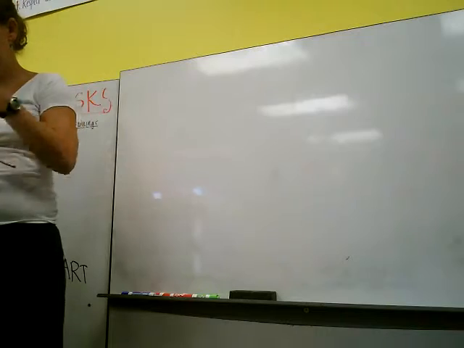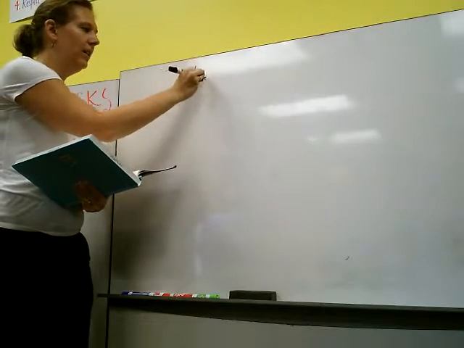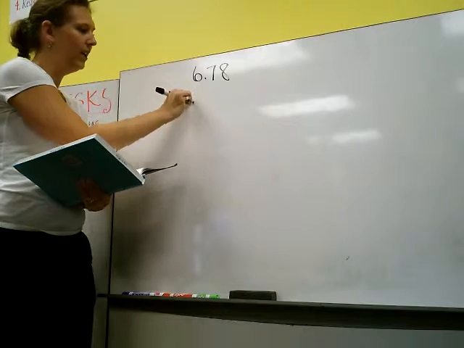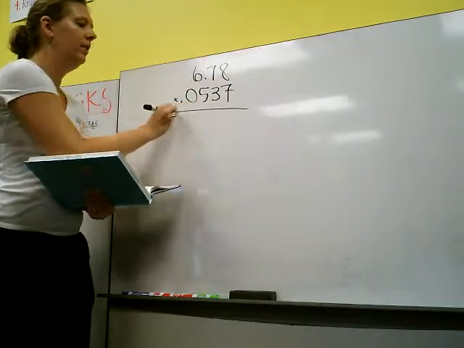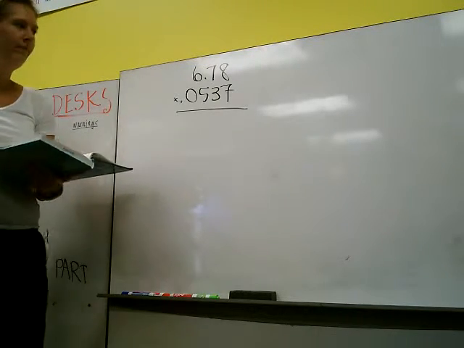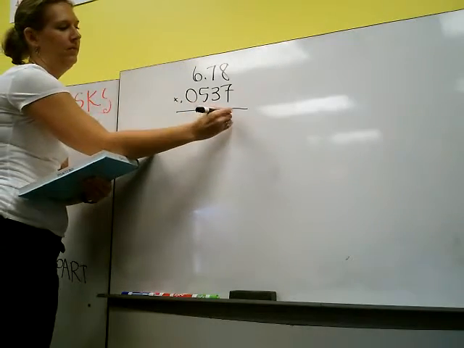Let's turn our page. We've got example 7.2. Destiny, will you talk us through 7.2? We've got 6.78 times 0.0537. So we don't need to line up our decimals, so we can just do our multiplication. 8 times 7 is 56.